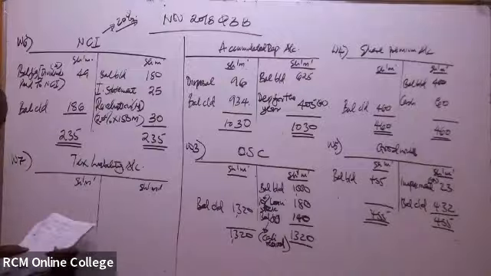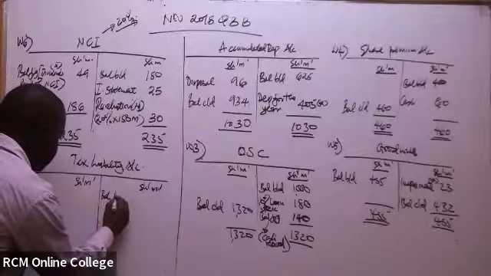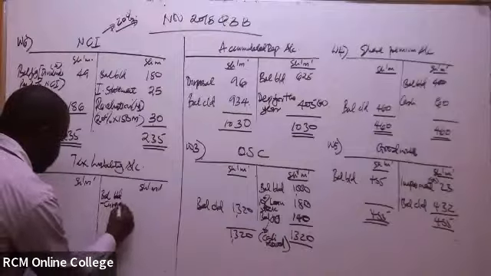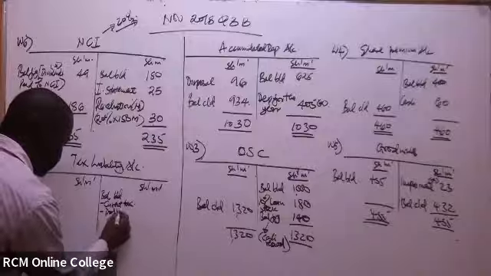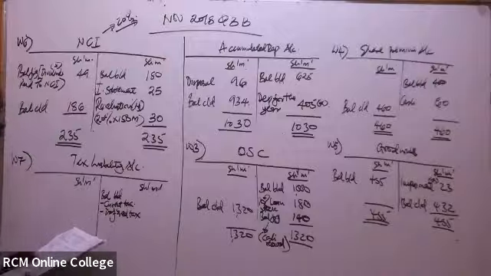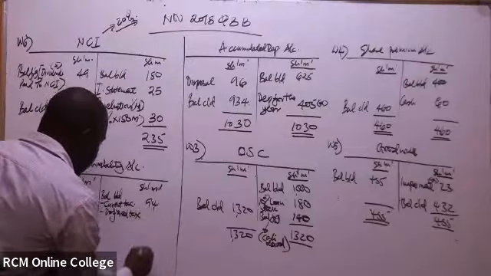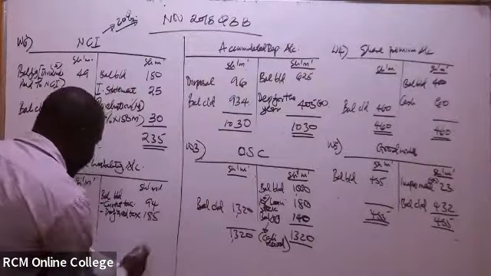So regarding the balance brought down, we have the current tax and the deferred tax. If you look at the statement of financial position, the current tax is under the current liabilities, and you can see an opening balance of 94. For the deferred tax, you can see an opening balance of 185.